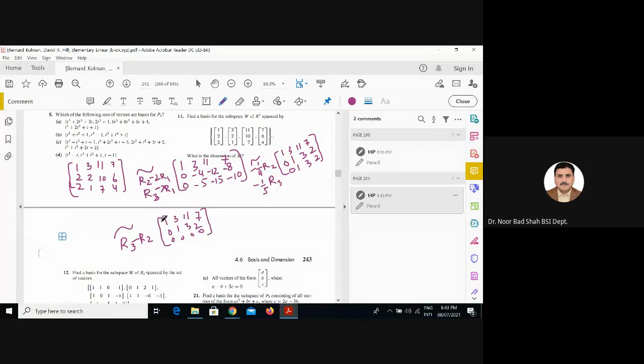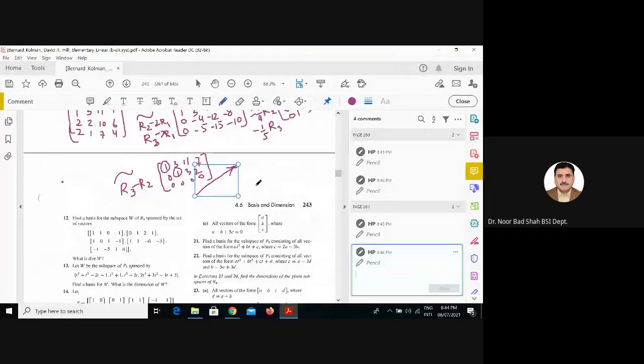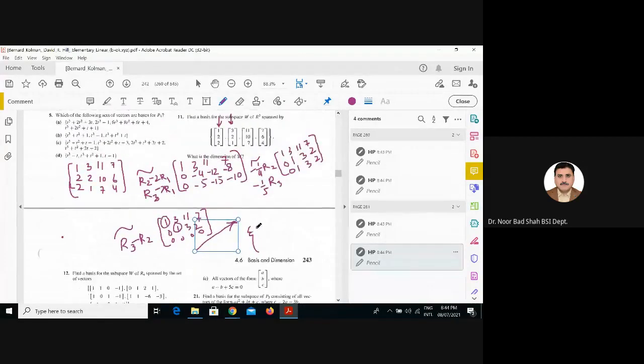Okay, so this is a leading 1 and this is a leading 1. So the first two vectors v1 and v2 will form a basis. It is not a basis for R3, keeping in mind it's a basis for the subspace: the first vector 1, 2, 2 and the second one 3, 2, 1.